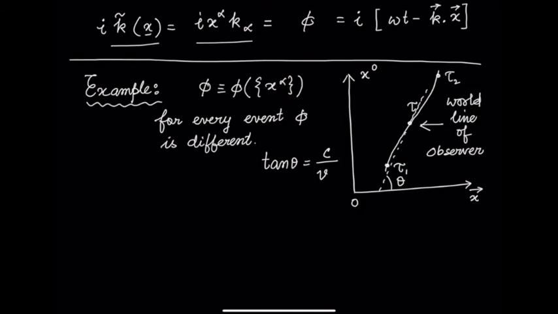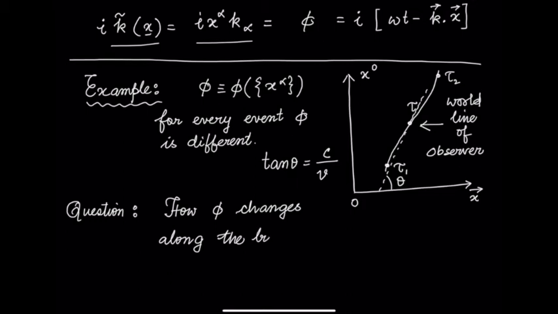Okay. So the question we ask is, remember that phi was defined everywhere in this region. So how does phi change along a trajectory? I could have written world line also, along the trajectory of an observer.